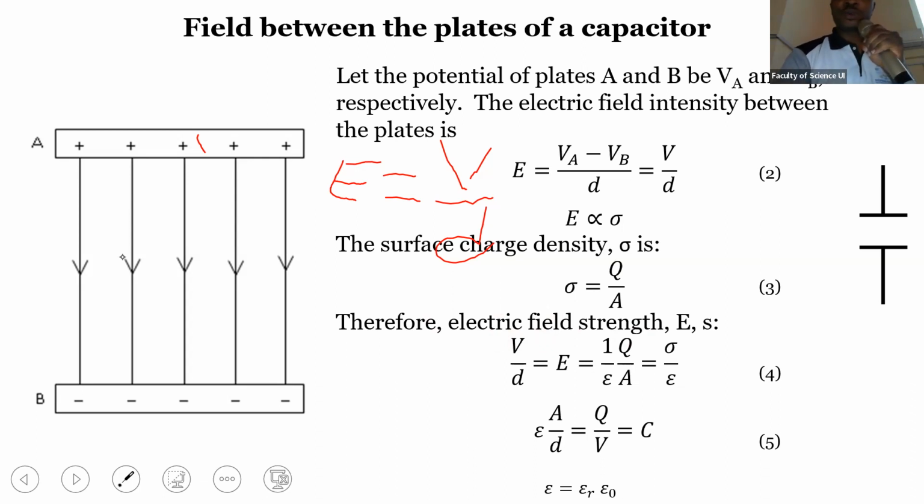So coming back to electric field strength, we can define it as a function of the charge and area. So E will now be defined as 1 over epsilon times Q over A.